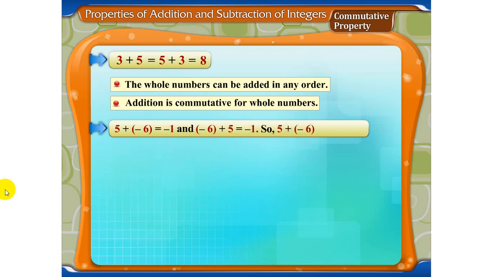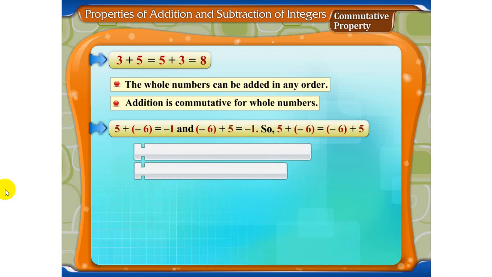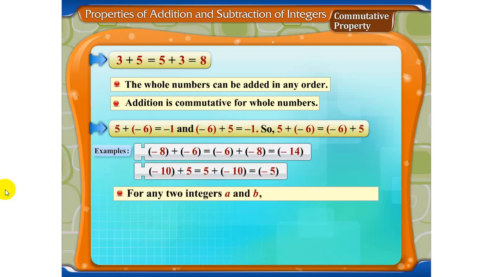So, 5 plus -6 is equal to -6 plus 5. Try this with some more examples. In general, for any two integers, a and b, we can say a plus b is equal to b plus a.